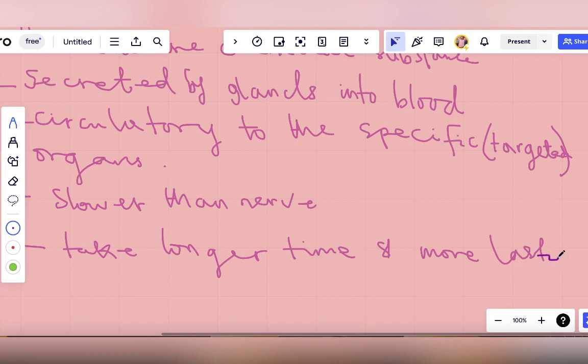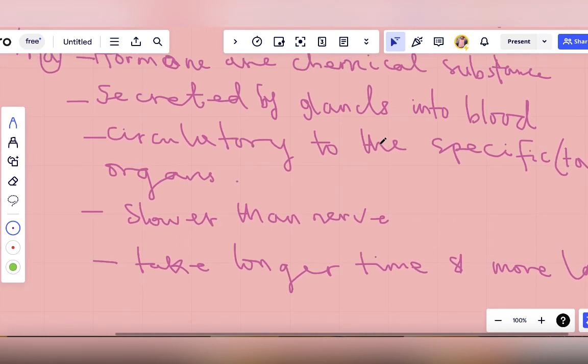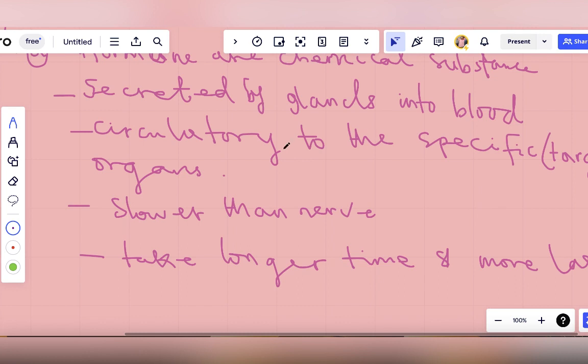When we mention that these ones are dropped into the circulatory system, you can mention here why the nerves are in the nervous system. For every point you give, also give the nerves' side.